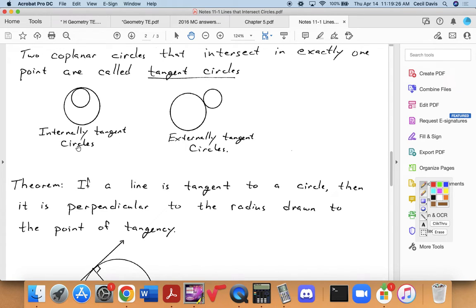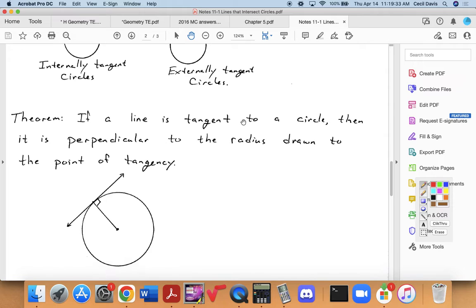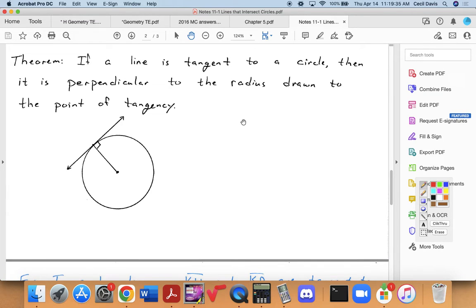All right, so those are internally tangent circles, and these are externally tangent circles. All right, so here's one of the important things. If a line is tangent to a circle, then it is perpendicular to the radius drawn to the point of tangency. That's a whole lot of words, but it's pretty easy to understand.